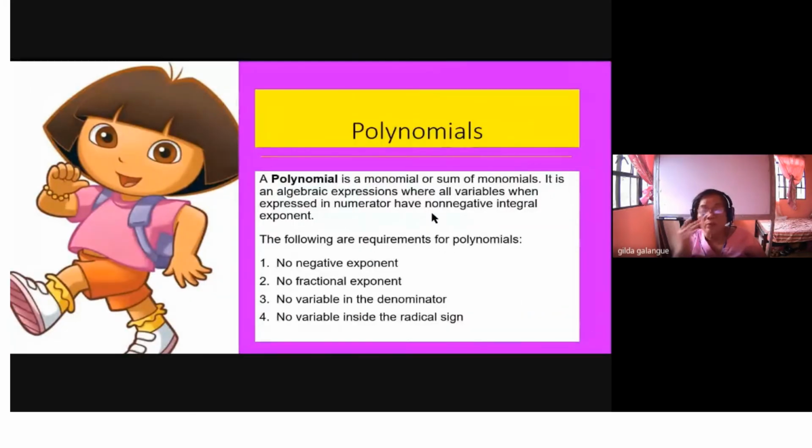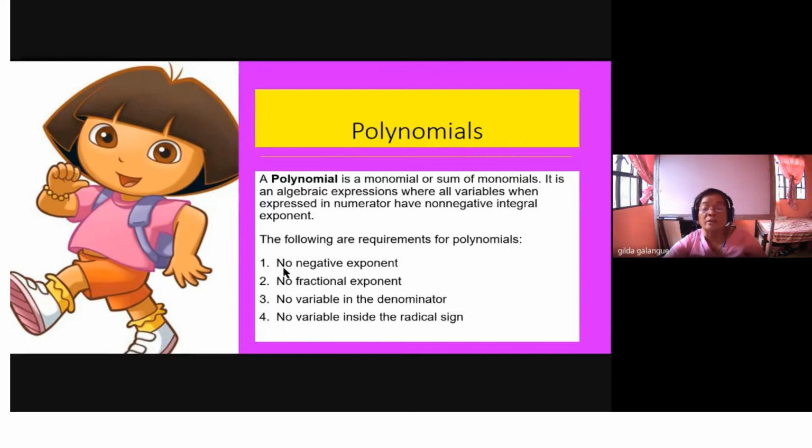So a polynomial. What is a polynomial? It is a monomial or sum of monomials. It is an algebraic expression where all variables expressed in the numerator have non-negative integral exponents. The following are requirements for a polynomial: no negative exponent, no fractional exponent, no variable in the denominator, no variable inside the radical sign.